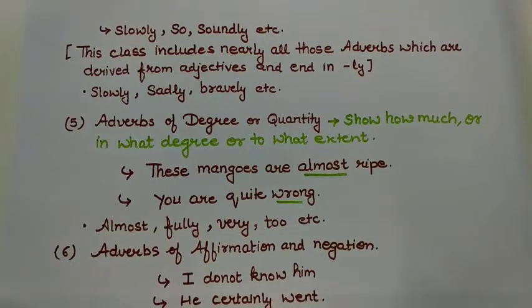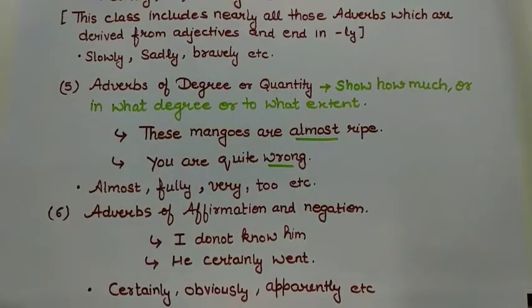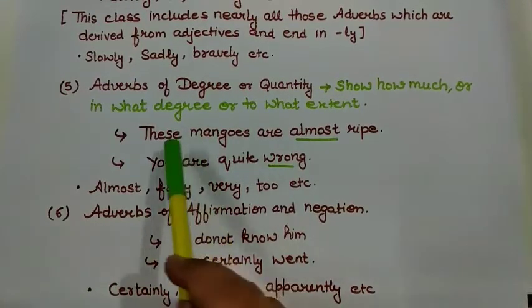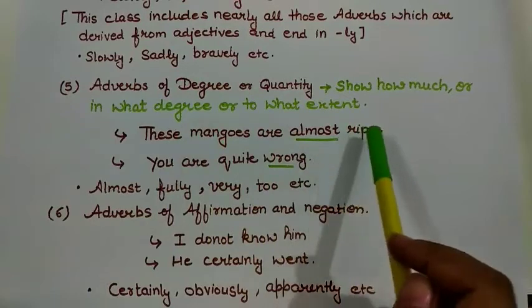Next type of adverb is adverb of degree. Adverb of degree also shows the quantity. They show how much or in what degree, or we can say up to what extent. Like, these mangoes are almost ripe.